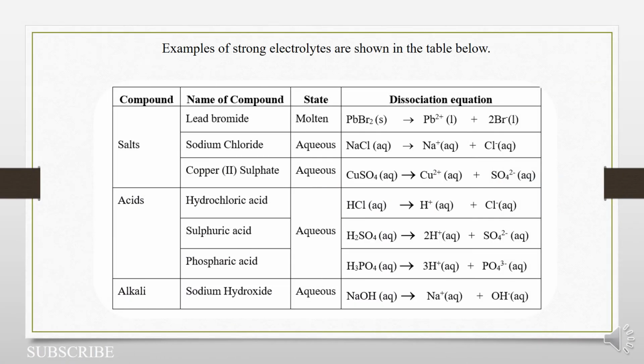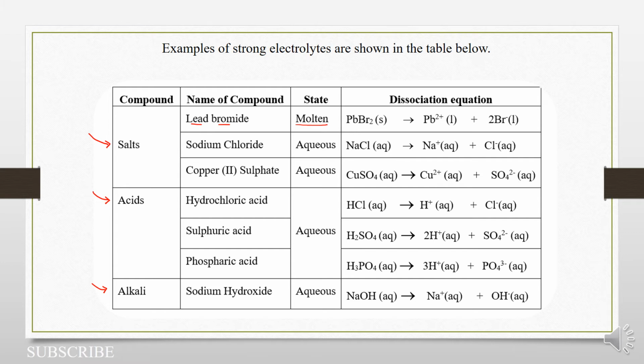Examples of strong electrolytes are shown below. These can be in the form of salts, as long as they are in solution or molten form. They can be in the form of acids, and they can be in the form of alkalis. So let us start with lead bromide. If we heat it and melt it, it will be in molten form.